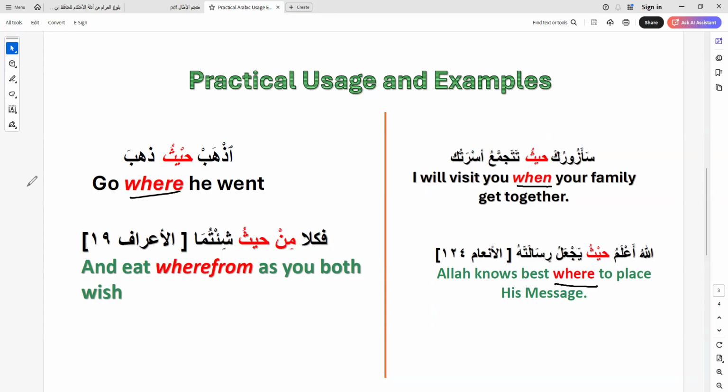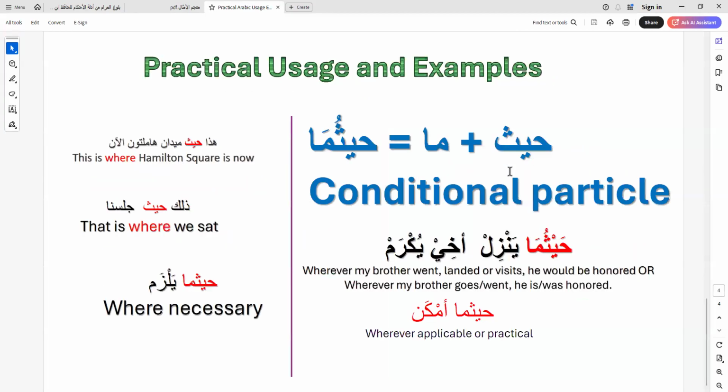Let's look at some more. هذا حيث ميدان هاملتون الآن. This is where Hamilton Square is now. Or you can say ذلك حيث جلسنا.